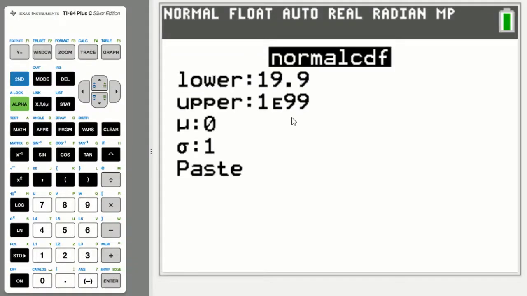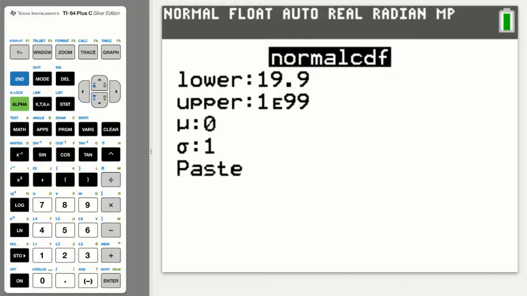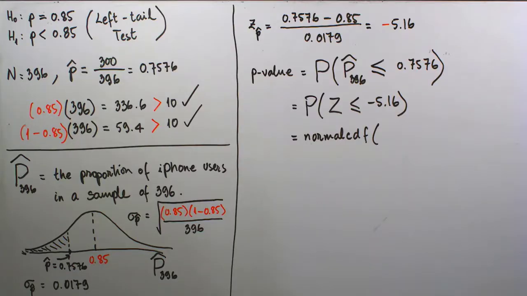Now back to the calculator that I am using. This time on our bell curve, the area is shaded completely to the left, where we don't have a definite low end, but we do have an upper end.